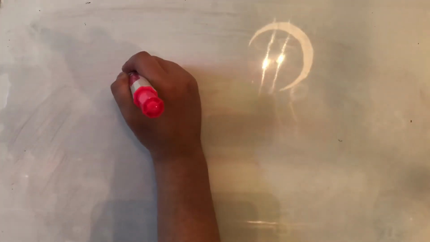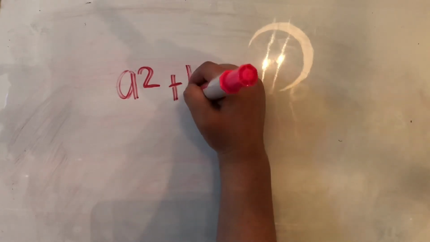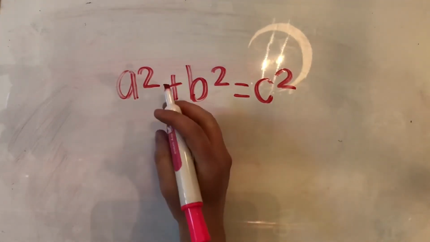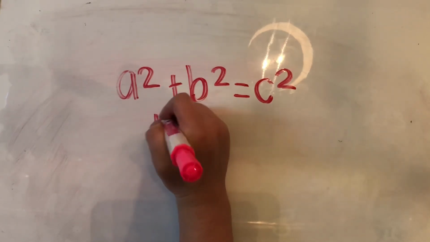We also touched on a topic in 8.2 on how to classify a triangle when you're given the measures. So we talked about if it fits a squared plus b squared is equal to c squared, it belongs to a right triangle.